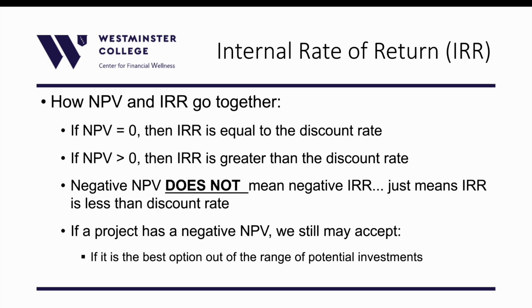One of them returns us only 5%, which is less than our discount rate. And the espresso machine returns us 9%, which is still less than our discount rate, but it's better than 5%. So we're just going to go ahead and accept the espresso machine because even though it's not meeting our discount rate, it's still the best possible option that we have. So hopefully that gives you a better picture of how NPV and IRR go together.